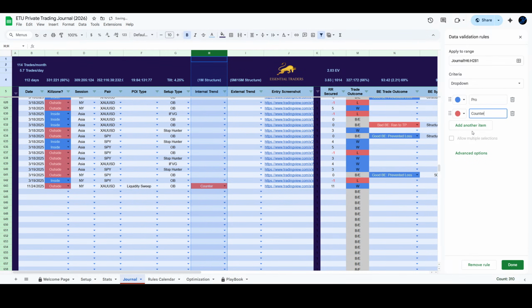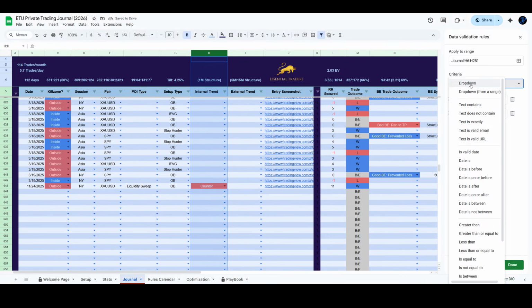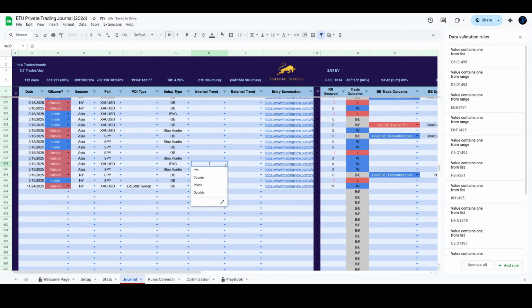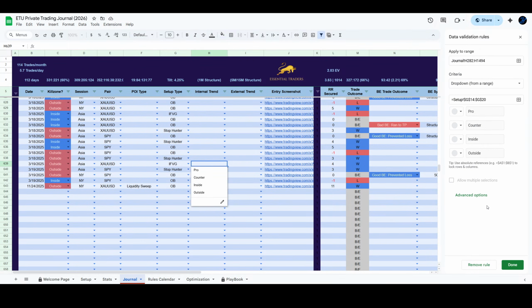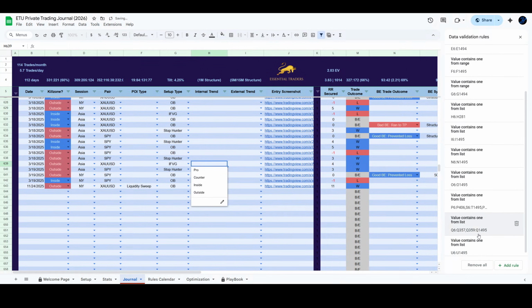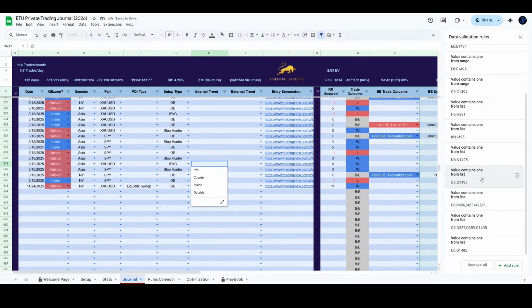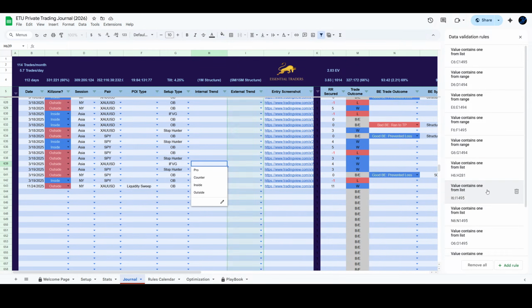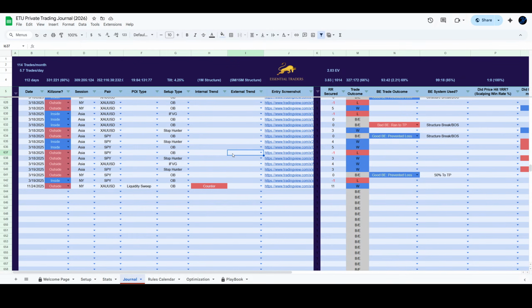This is not a make or break kind of thing. I think there's probably another formula somewhere here. Okay, never mind. Just delete everything. I'll figure that out later. Not sure what's going on there.